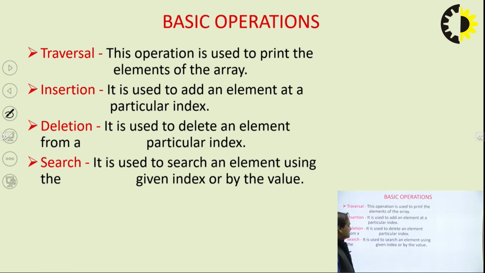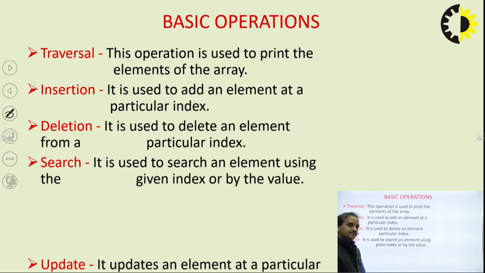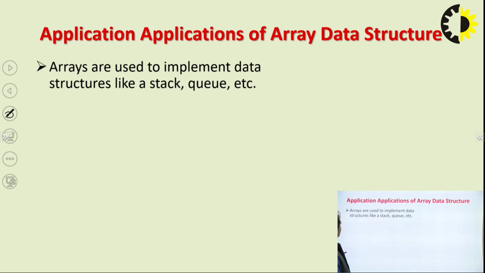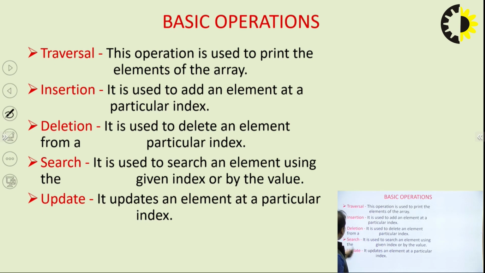This operation is used to find a given element or index in the array. Next one is update. This operation is used to update an element at a particular index. If we want to modify the given array, we use the update operation. These are the main five operations in the case of arrays, but mostly we use insertion and deletion.